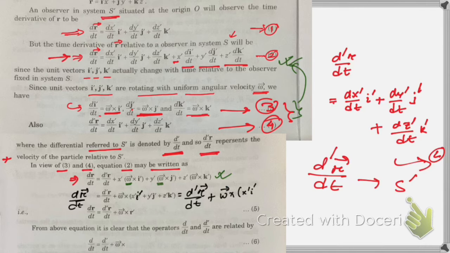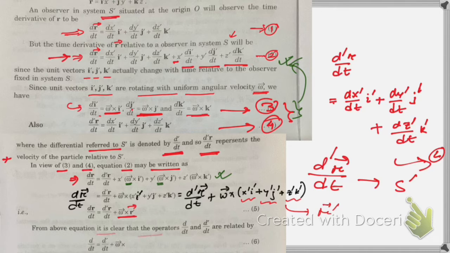They have written r dash instead of that, so that's wrong, so be careful. Then plus y dash j dash, plus z dash k dash. This is the correct expression. There was a printing mistake. Now this vector, x dash i dash plus y dash j dash plus z dash k dash, is nothing but your r dash vector. So omega cross r dash, they have written, right?